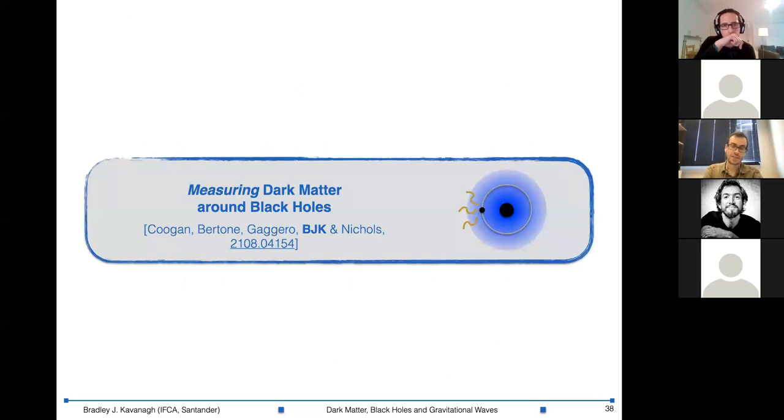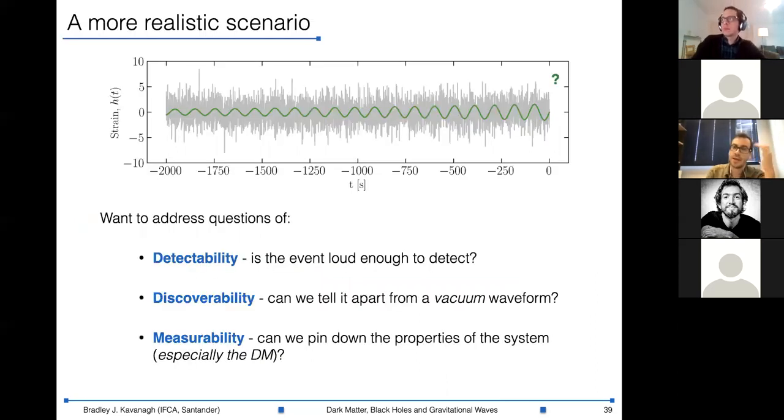And so in the last 10 minutes or so, I'll talk about trying to do precisely that, trying to ask, can we actually measure this, detect it? What would we go about doing in a real scenario? The real scenario is that imagine you can detect this waveform. Okay, so you see some event, you see a merger, or you see some coherent gravitational wave, and you have no idea the properties of the system behind it.